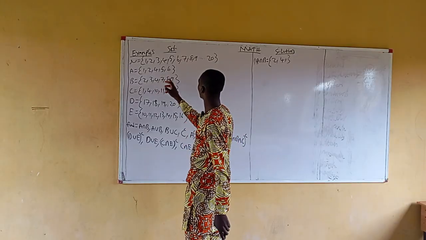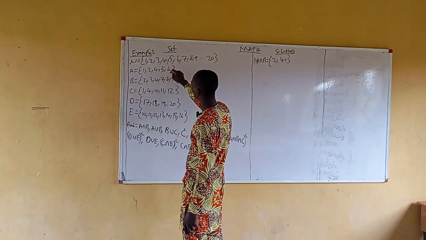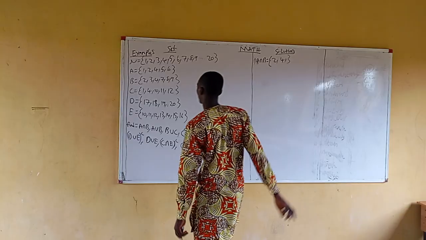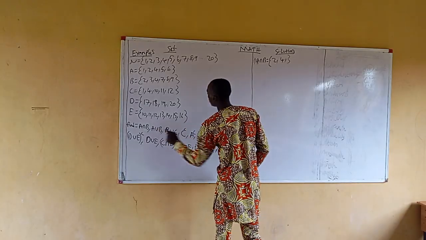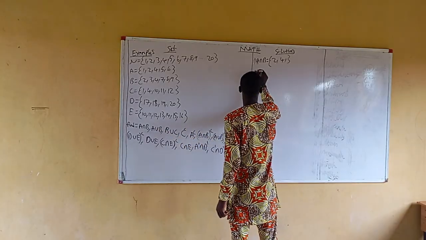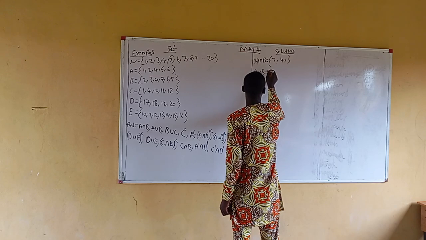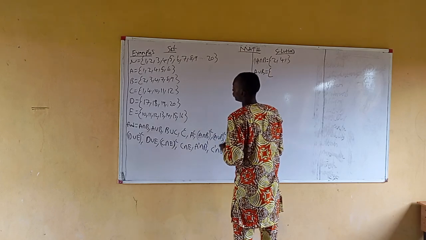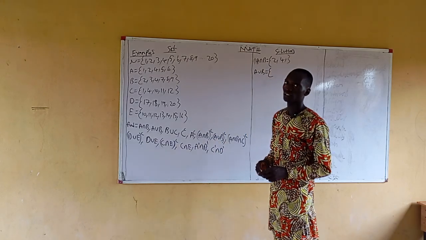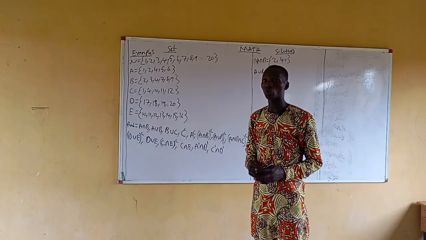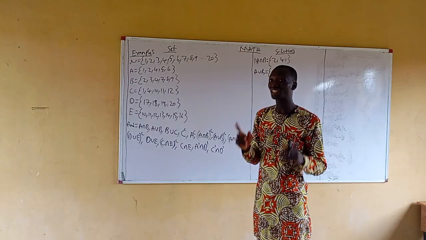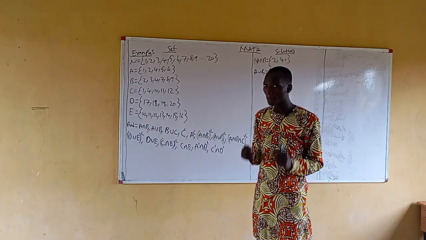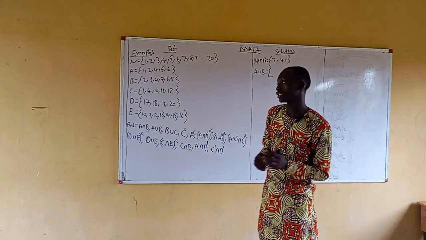You see 7, 8, 9. There's no 7, 8, 9. 5, 6. There's no 5, 6 here. So that's our answer. So the next one say A union B. Remember, union of a set means combining the two subsets together without repetition.